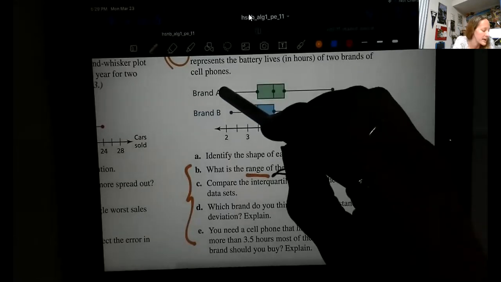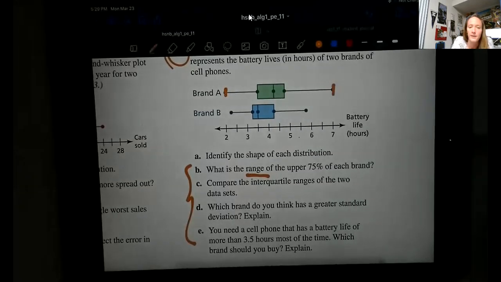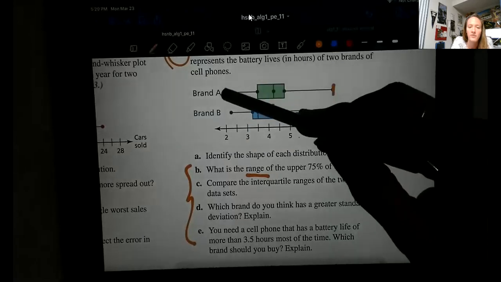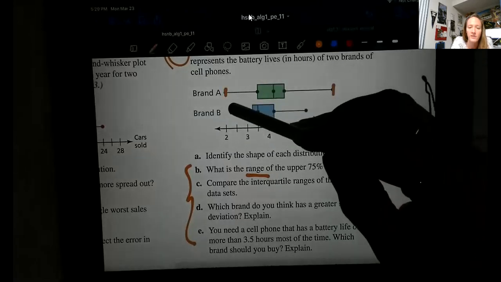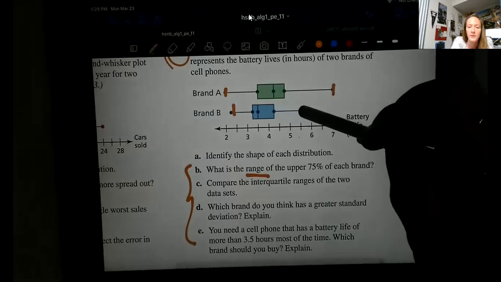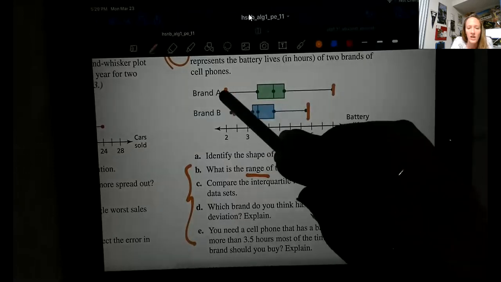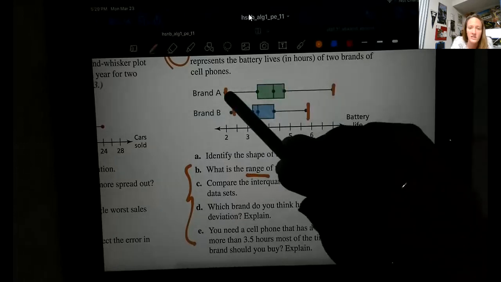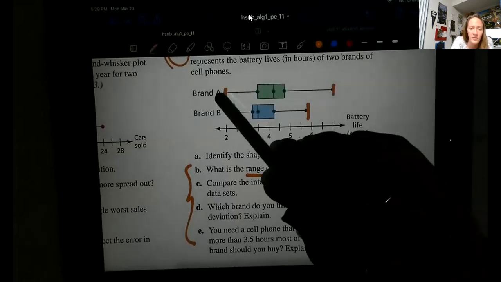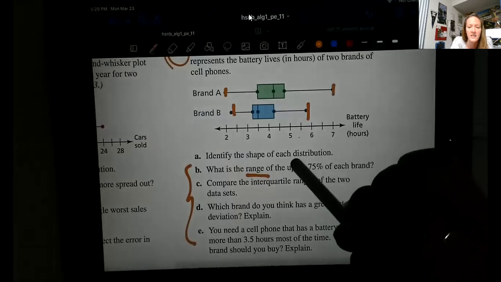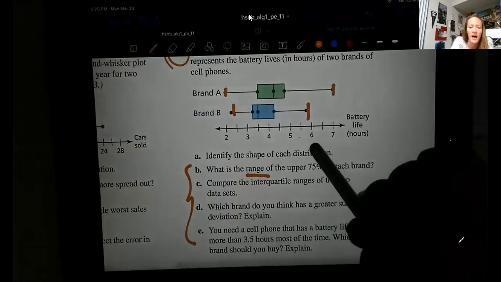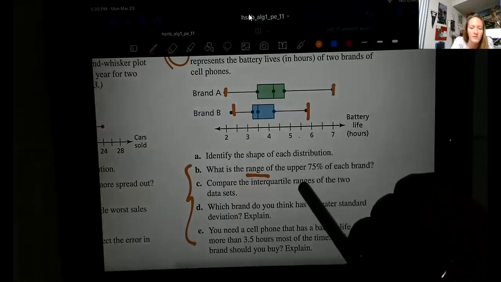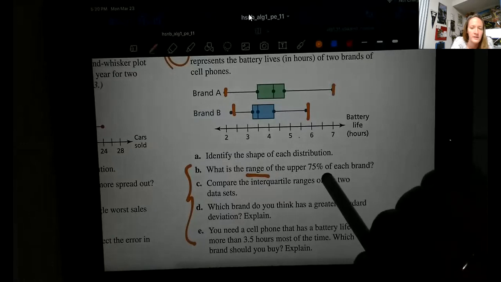We can find the range of the whole piece of data by subtracting where the far left is from the far right of each of these data. But it's not asking for the range of 100% of the data. That's what this range is, the very lowest to the very highest. They're saying what is the range of the upper 75% of each brand.